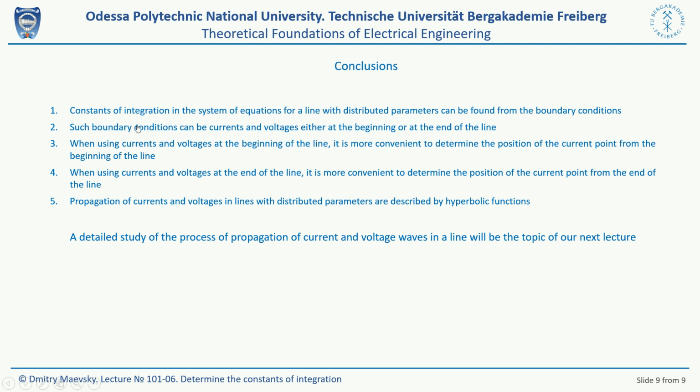In our case, for the line with distributed parameters, such conditions are currents and voltages either at the beginning or at the end of the line. The spatial coordinate in the first case is measured from the beginning of the line, and in the second case, from the end of the line.